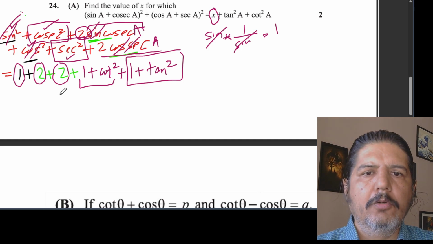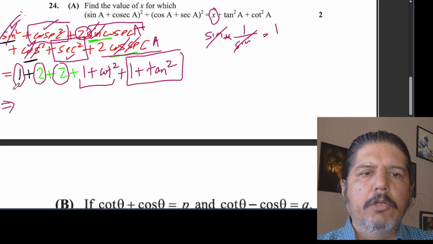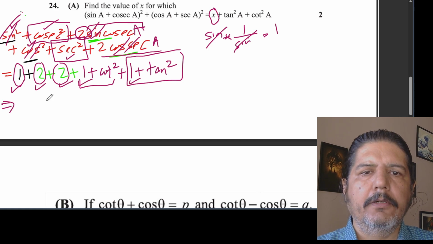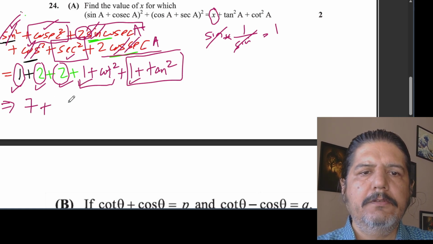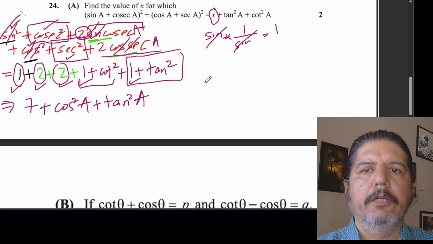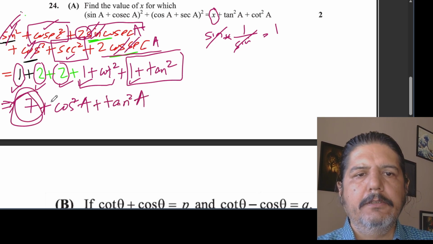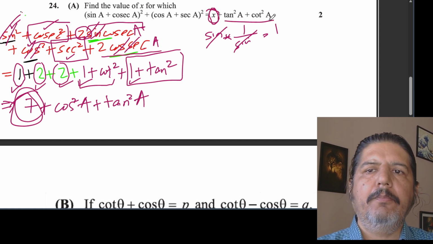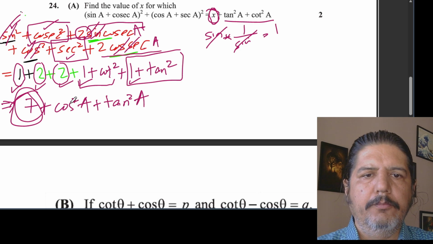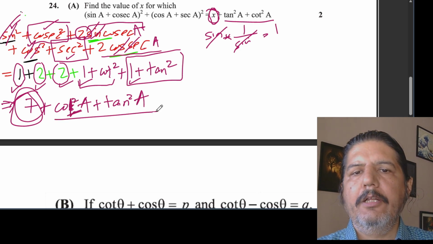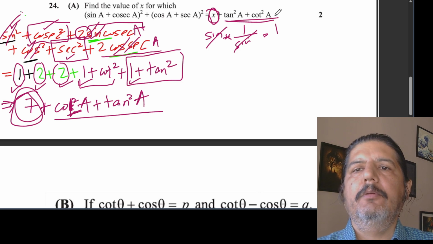Now let us look closely at this. So 1, 3, 5, 6, 7. So this is 7 plus cot square a plus tan square a. Now this 7 would be equal to this x, because this cot square a plus tan square a is equal to this tan square a plus cot square a.